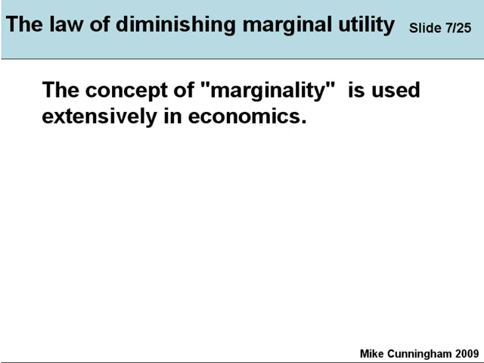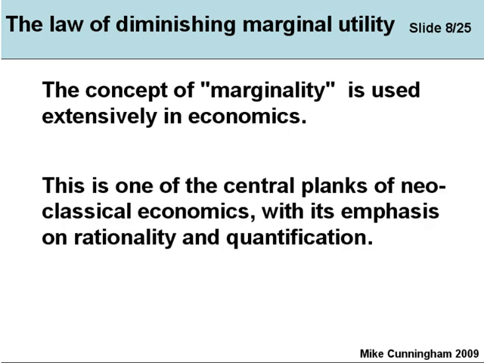The concept of marginality is used extensively in economics. It's one of the central planks of neoclassical economics. Neoclassical economics is the sort of economics you study at most universities and colleges. It's the type of economics typically we get in textbooks. It's about diagrams and graphs and interpretation of statistics and bits of mathematics, and so it's the type of economics we deal with mostly.